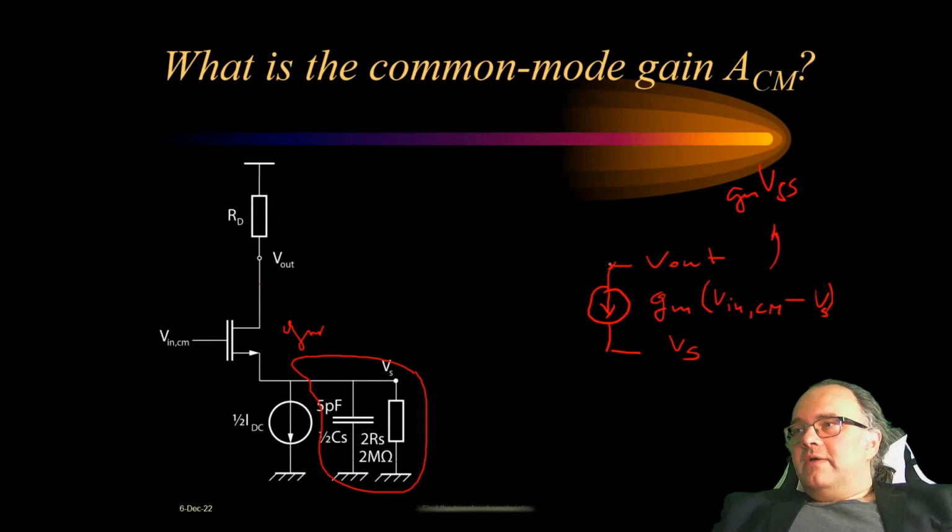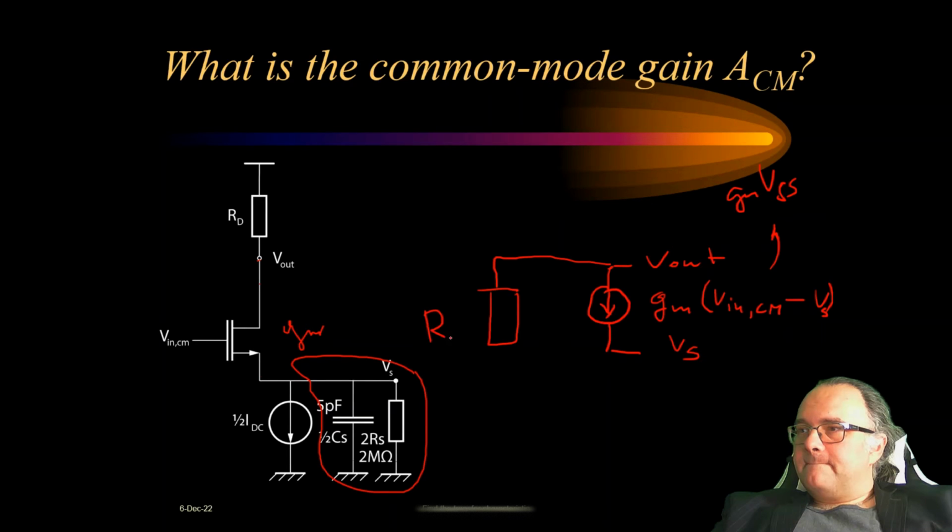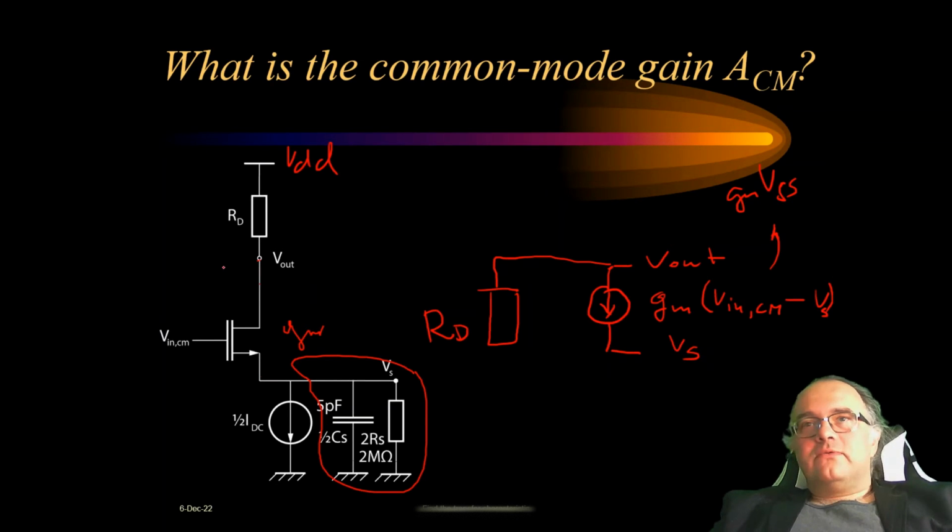Now we have this node, which is actually this node. Here we have the resistor Rd, which is connected to VDD. But VDD for small signal is small signal ground. Why is that?